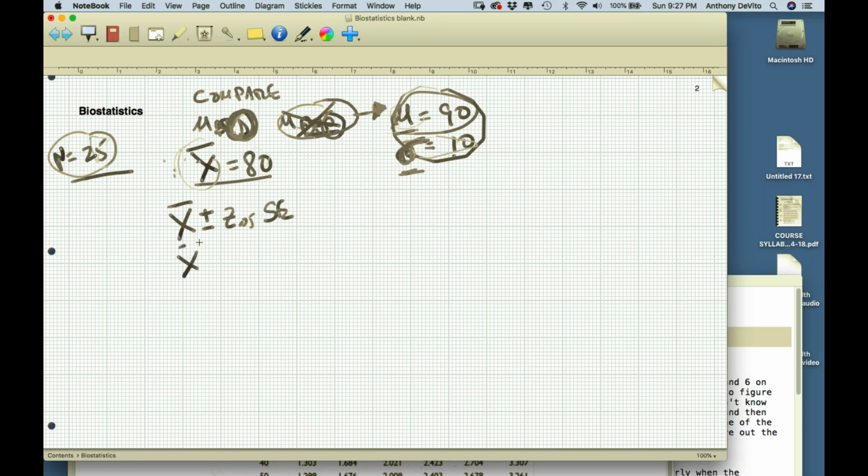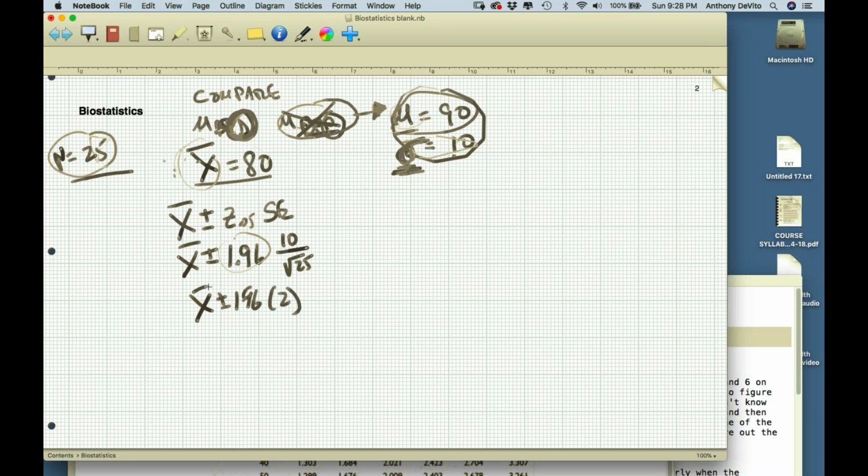So it's going to be X bar plus or minus 1.96 times the standard error, which is equal to sigma, 10, over the square root of the sample size, square root of 25. I'm using 1.96 because I'm assuming I know the standard deviation of the population.